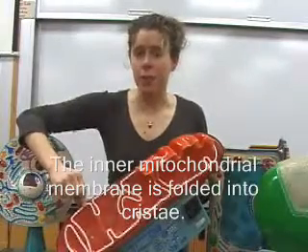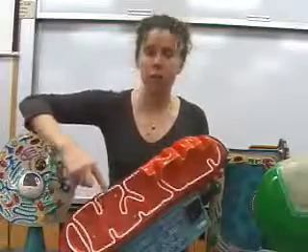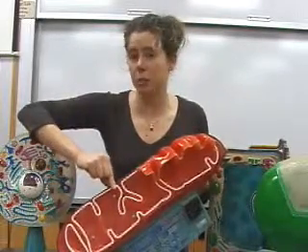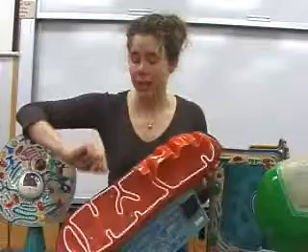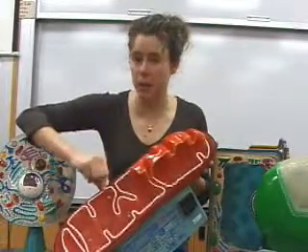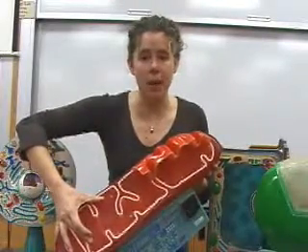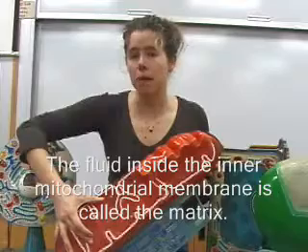This is important. It creates 2 things. First, it creates a lot of surface area. Look at all that extra surface area we have available for this chemistry. Second, it creates 2 discrete compartments inside the mitochondria. So you have this solution inside the inner mitochondrial membrane. It's called the matrix.